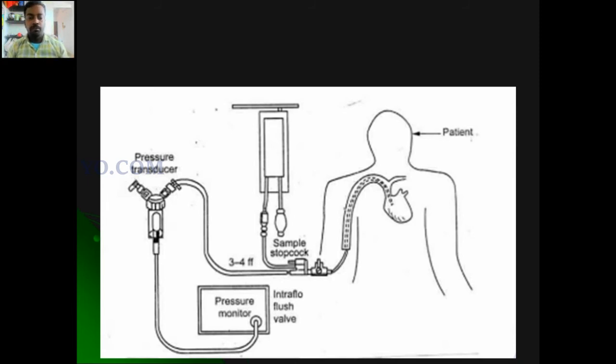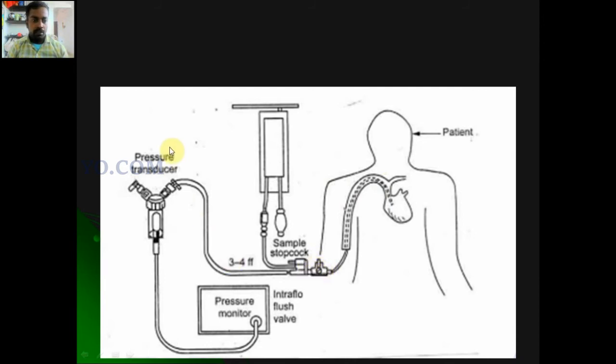See the diagram. Here this is our vein, which is directly connected with the heart. This is our catheter tube, which is inserted into the vein and goes up to the heart. The other end is connected with the sensor area, where we have the blood pressure measuring sensor.